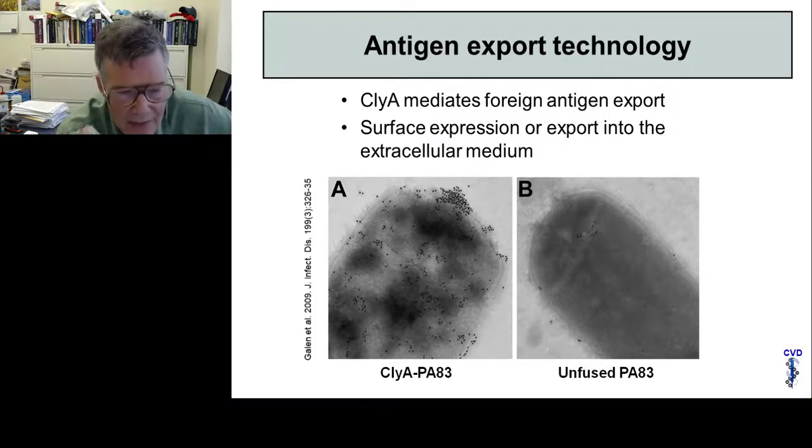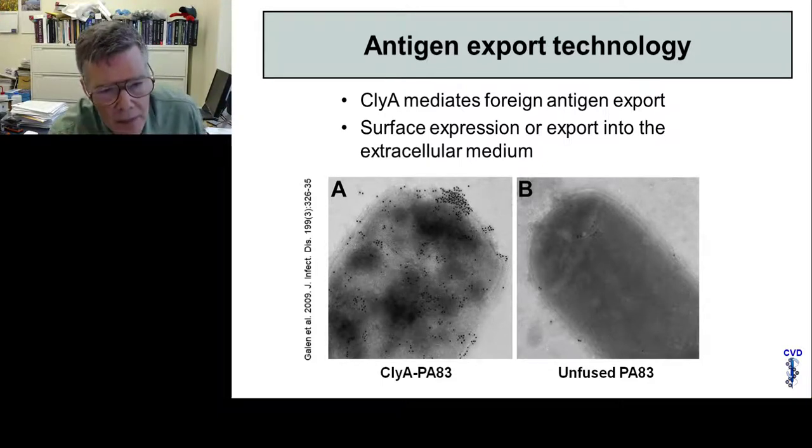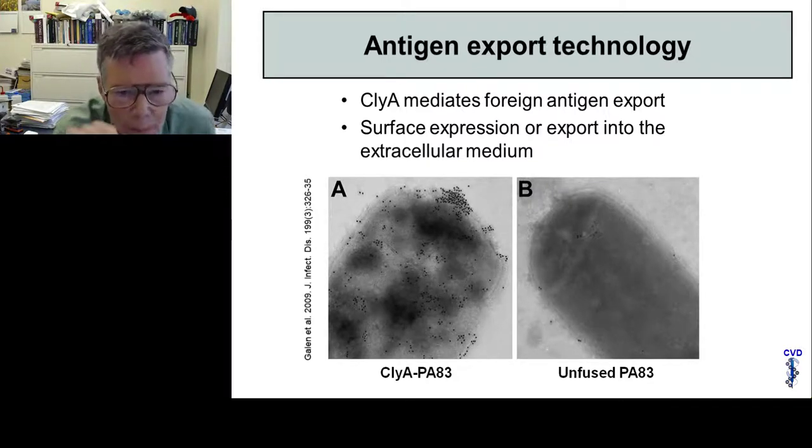This is an electron micrograph with gold labeling. The gold labeling is targeting PA83, and you can see ClyA-PA83 ends up on the outside of the cell exactly as intended. And yet, when you look at gold labeling of Salmonella Typhi carrier vaccines expressing cytoplasmic PA83, obviously, as expected, it doesn't end up on the surface.